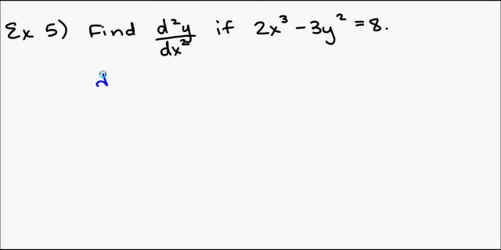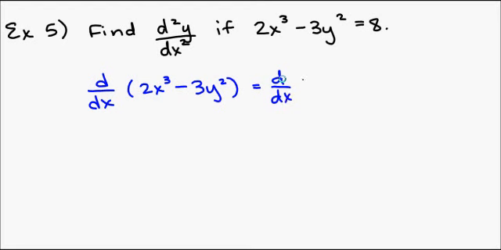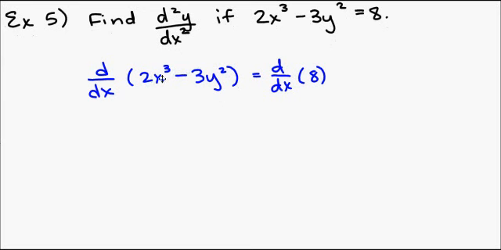So let's start there. So d dx of the first side equals d dx of the second side. And we're going to differentiate each term in the parentheses. So derivative of 2x cubed is 3x squared.